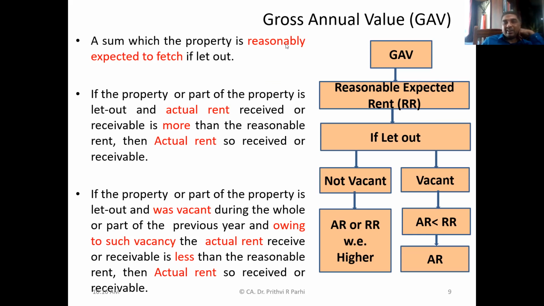So in this situation, actual rent received or receivable is more than the reasonable. Isn't it? In that case, what will be the gross annual value? It is the actual rent received or receivable. That means reasonable rent is 90,000. Actual rent is 1 lakh. What is gross annual value? It is 1 lakh. Because actual rent is more than the reasonable.